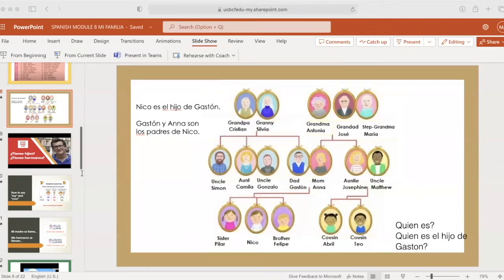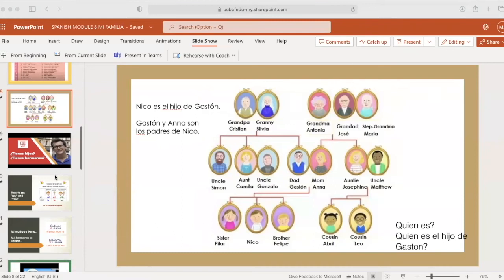Sabi ni Danry, Pilar, hija de abuela Silvia. Medyo kulang. Danry, how can you make this complete? Where is Pilar? Pilar? Okay. Hija de abuela Silvia. I don't understand this sentence. Danry, what do you mean by this? Are you there? Hello, ma'am.